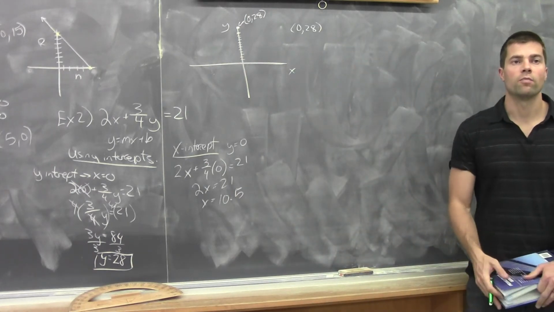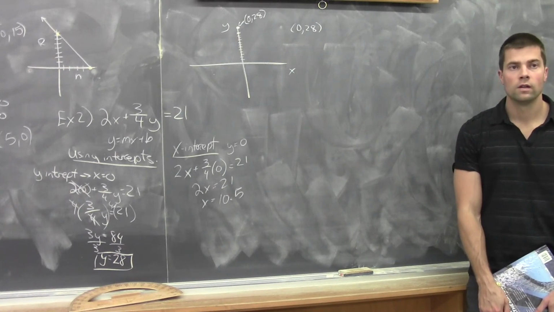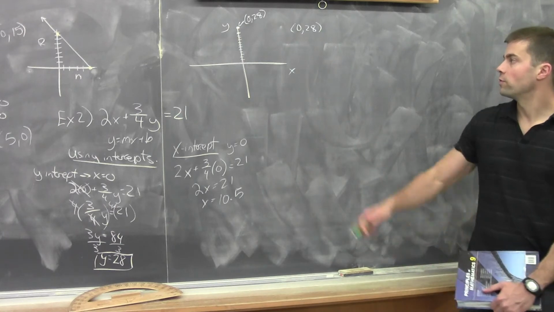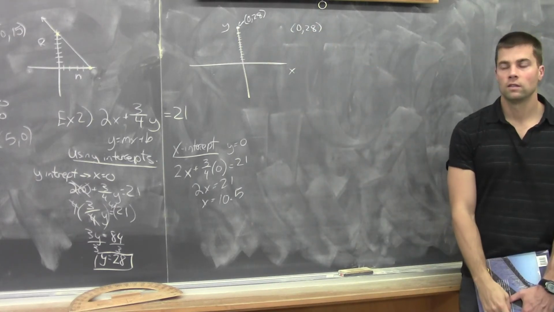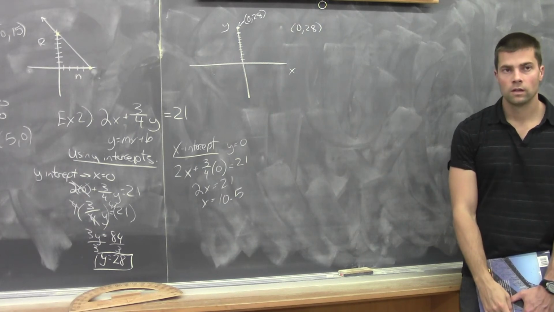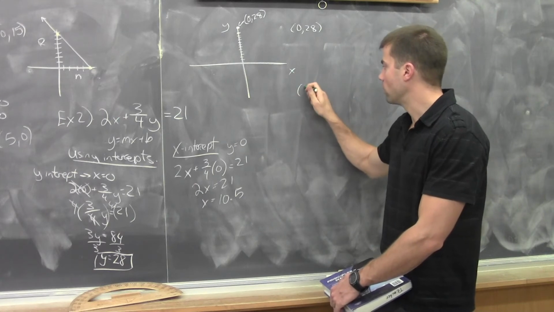So what's my second point, Michael? What's my second point? That's my first one. 0 was the second point. It's on the x-axis. 10.5, what? You're right, 10.5 is one of the coordinates. What's the other?